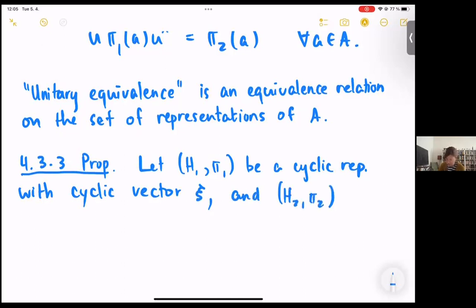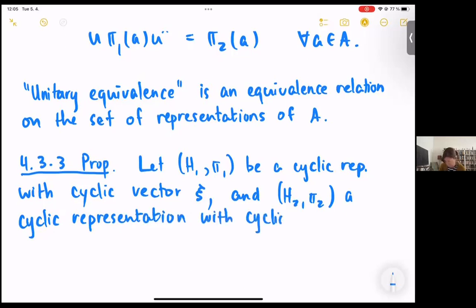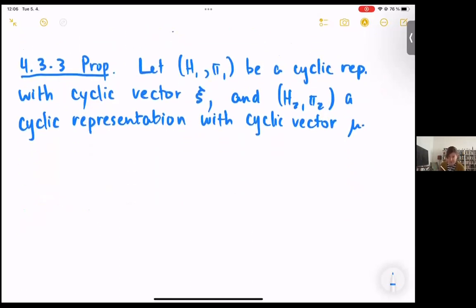And let's take another cyclic representation with cyclic vector mu, then we have the following equivalences.